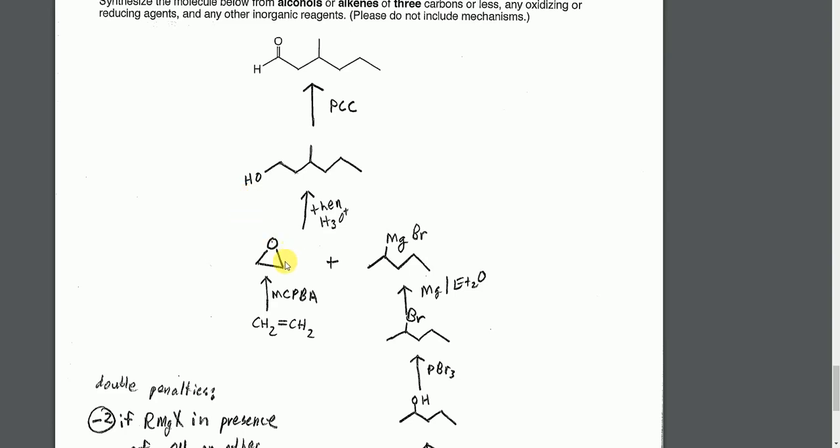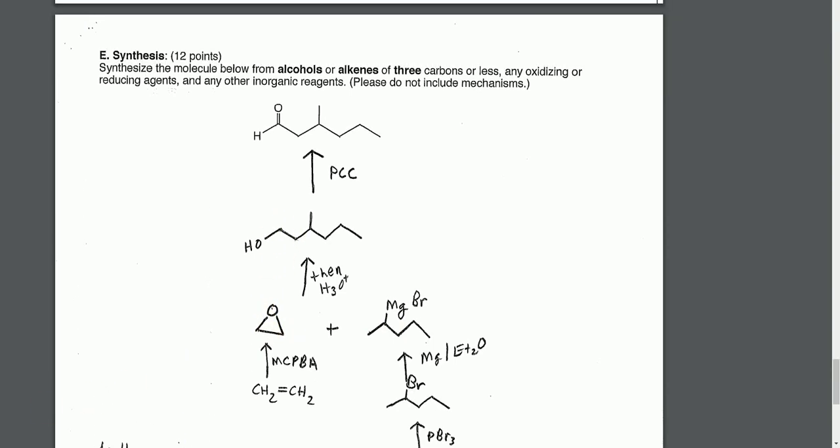So the epoxide is always going to look like this. That's the way you're usually going to draw it, and you're going to have something come and attack it. The epoxide is 2 carbons, which is this carbon right here. Let me just take a picture of it so that I can make little notes on this.